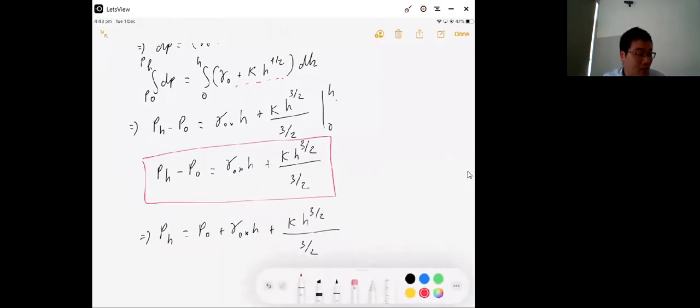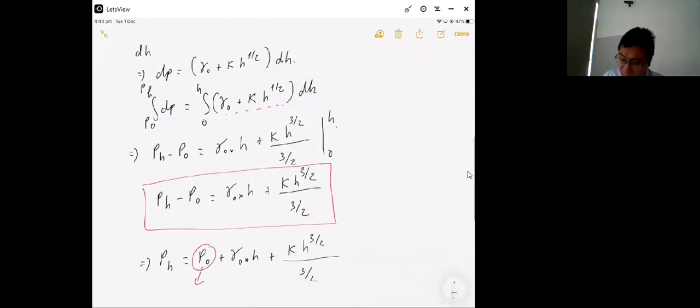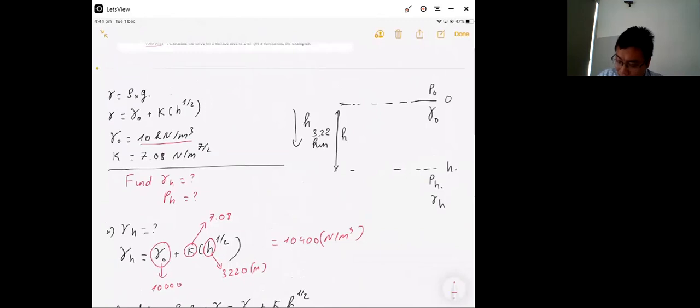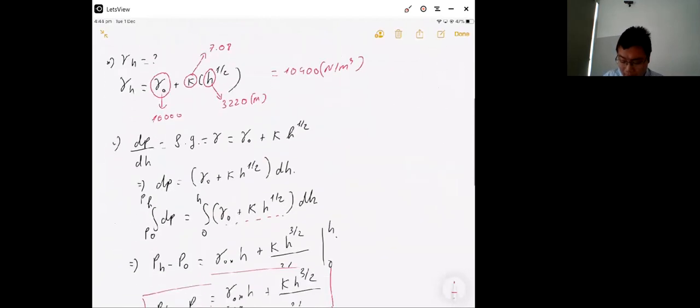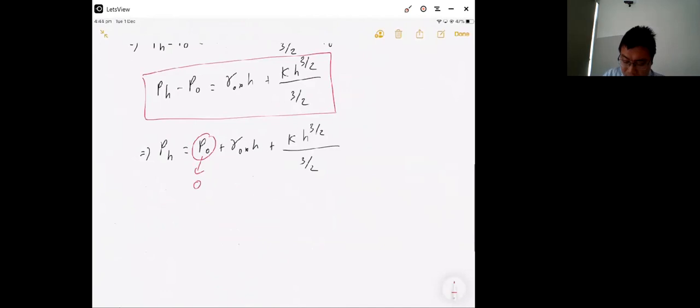With pressure PO here at the water surface, you can use 0 gauge pressure, atmospheric pressure, 0 kPa gauge pressure. So this one is 0.